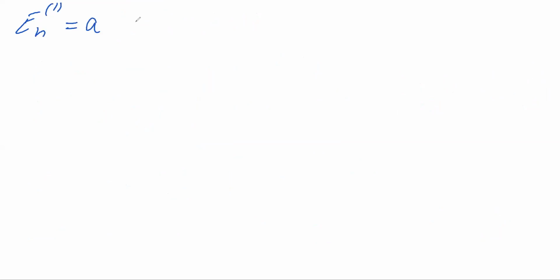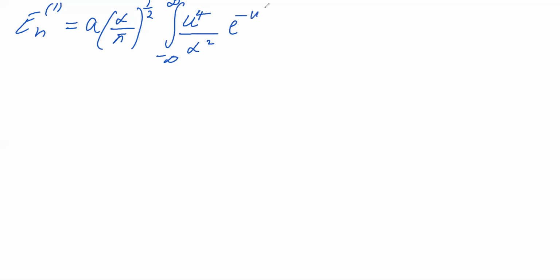So this is equal to a into alpha over pi raised to half into integral minus infinity to infinity u raised to 4 over alpha square. मैम लिमिट्स पे तो कोई चेंज नहीं ना आएगा? नहीं, अभी तो नहीं आया. Minus u squared 1 over under root alpha du.